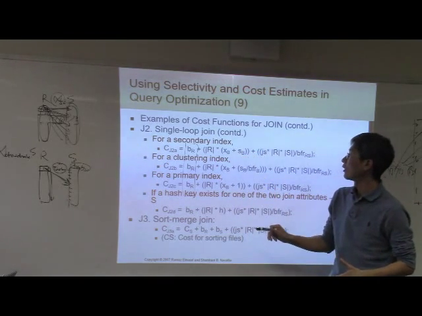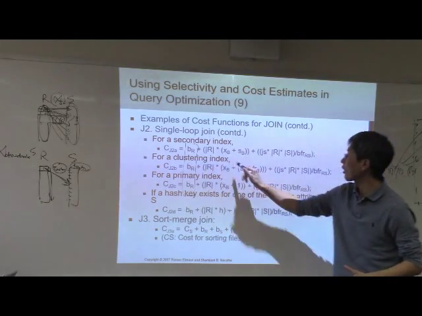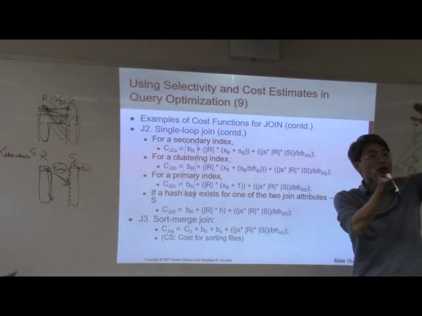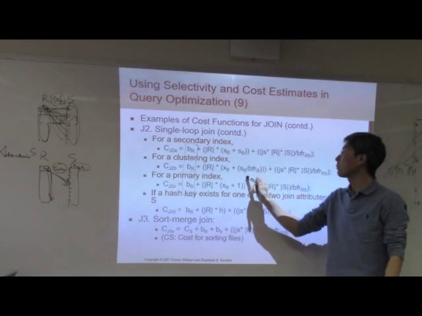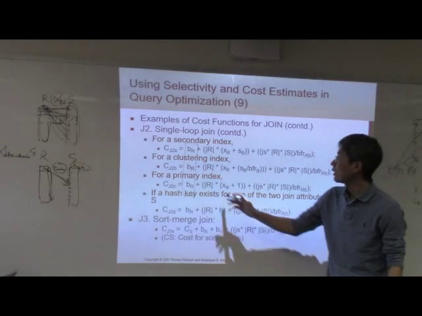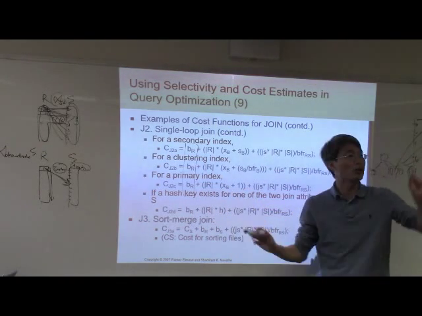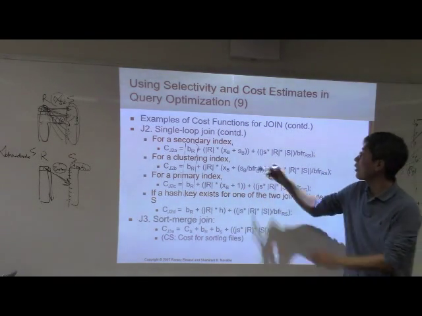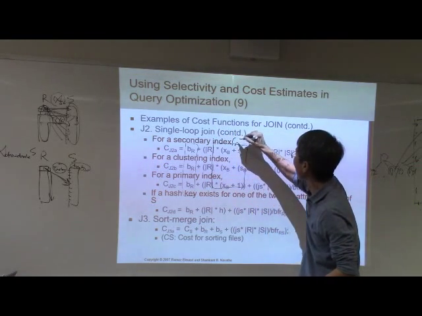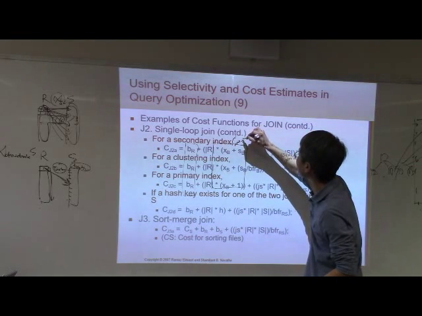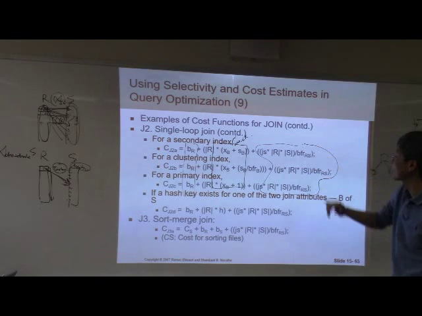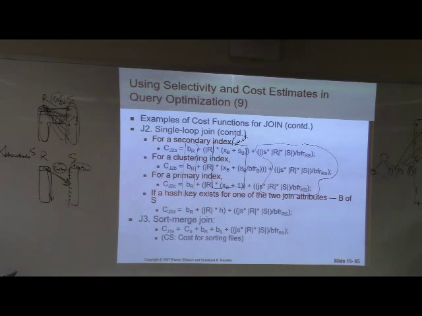When using a clustering index, it will return a number of data divided by the block, which is the number of blocks. Then for the primary index it is just one, because only one record. So this part is the S side, the inner table side index. And this is the same as the previous one: the join selectivity, how many of them are matched.